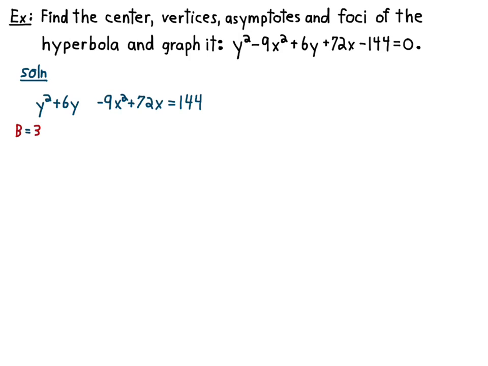Then for the y's, my b is 3. That's 1/2 the coefficient of y. And I write that down. And then I write down b squared, which is 9. And then I can add 9 to both sides of the equation. Plus 9, plus 9.